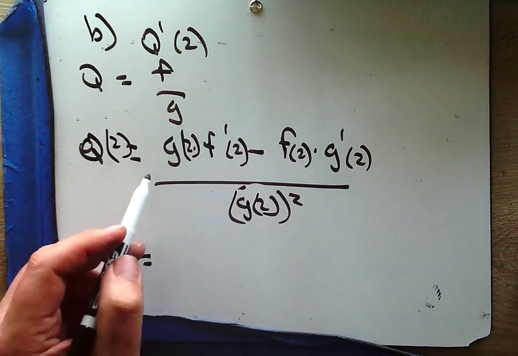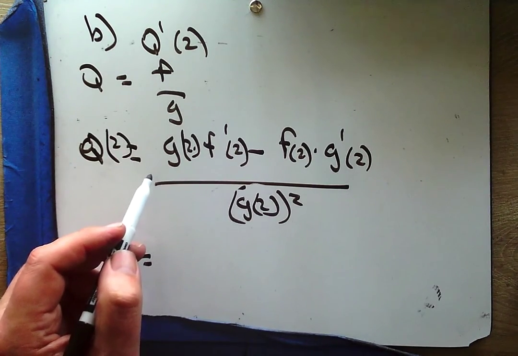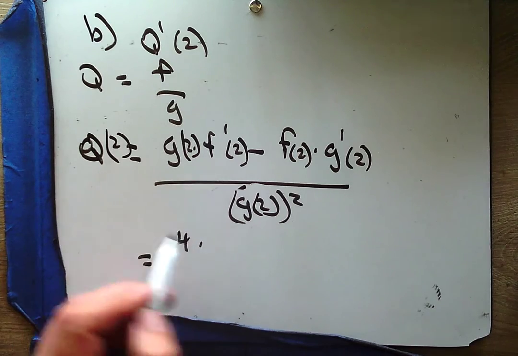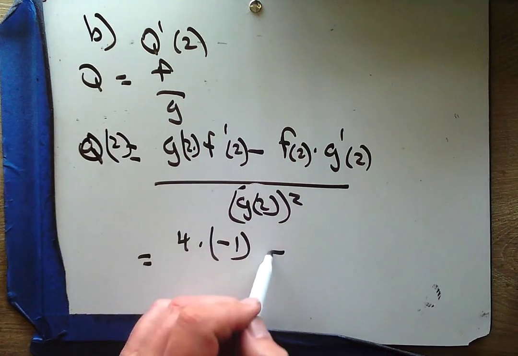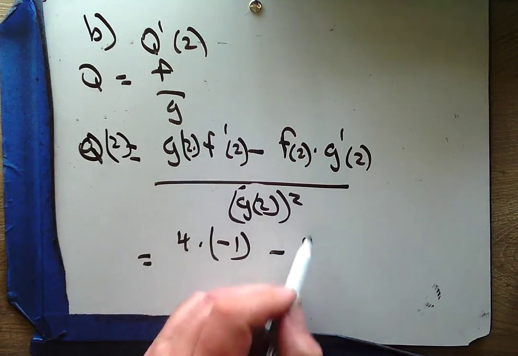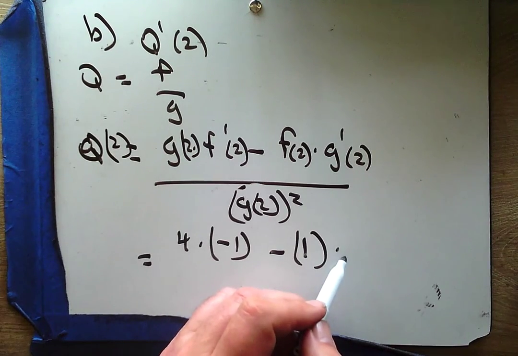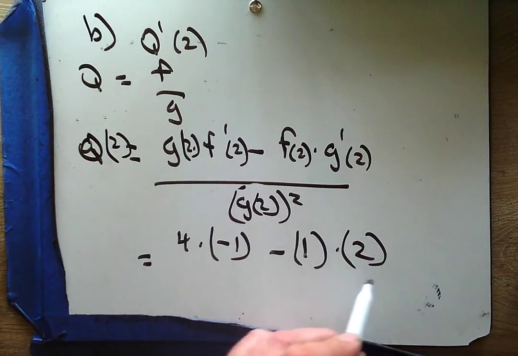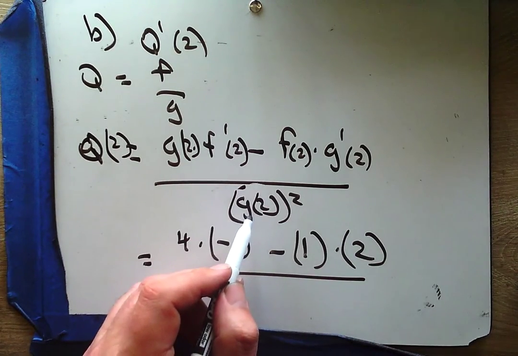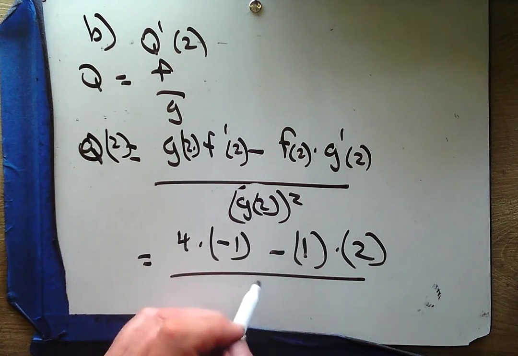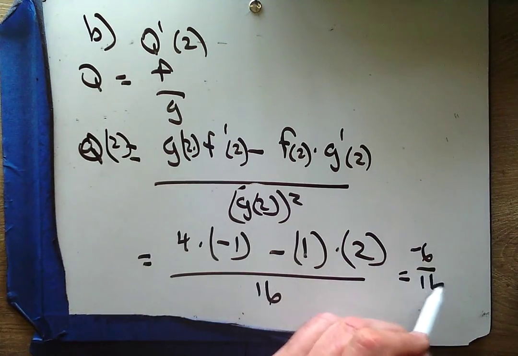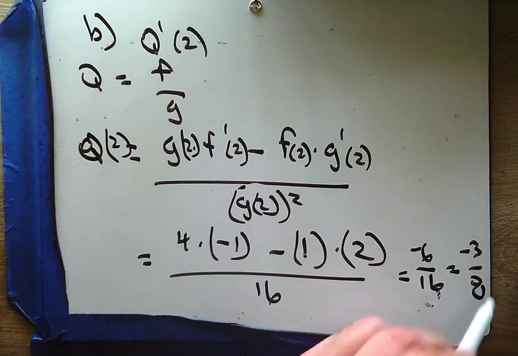So G of 2, according to the graph, is 4. F prime of 2 is negative 1. Minus F of 2 is 1. And G prime of 2 is the slope of G, which is 2. G of 2 is 4. 4 squared is 16. So I have minus 6 over 16, or minus 3/8.